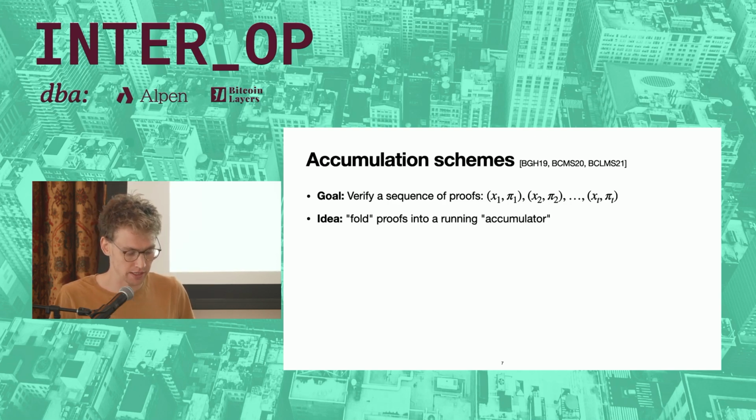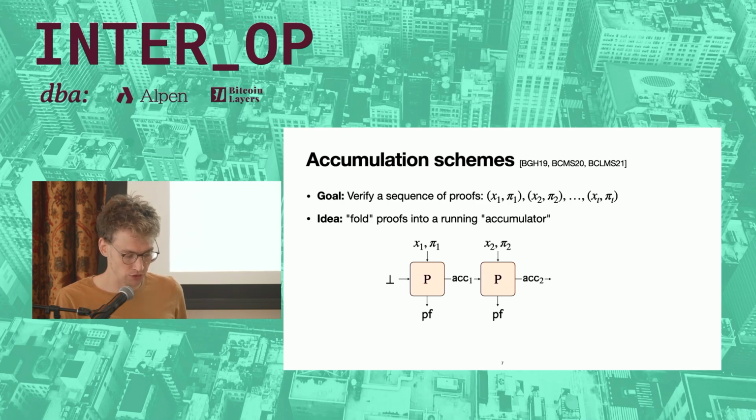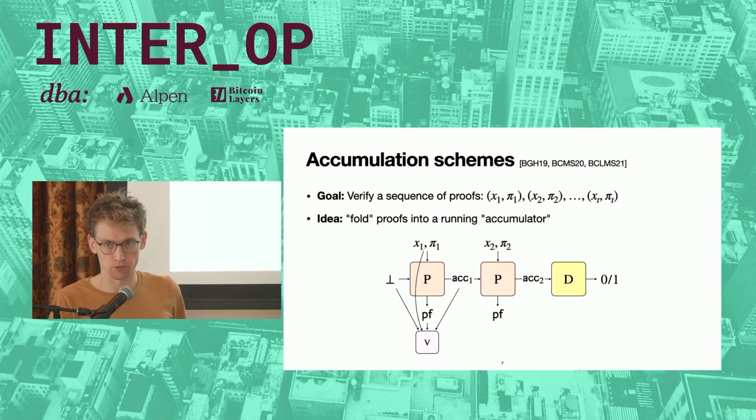I can always take a proof and a current running accumulator, and then just add this proof to the accumulator and continue doing that. At each step there's a so-called accumulation verifier which doesn't check that the previous proof was correct, because that would be as expensive as checking a SNARK. But instead it just checks that this proof was correctly added to the accumulator.